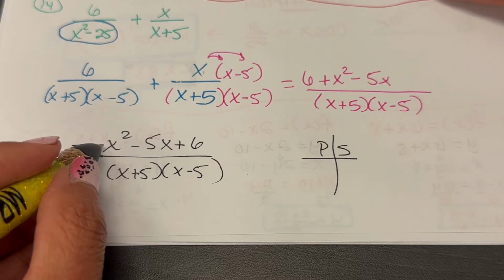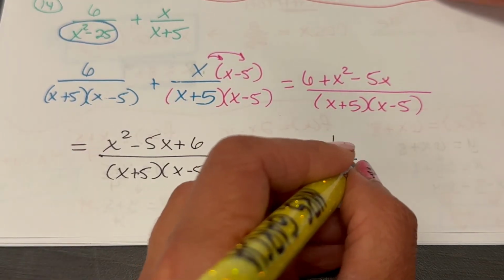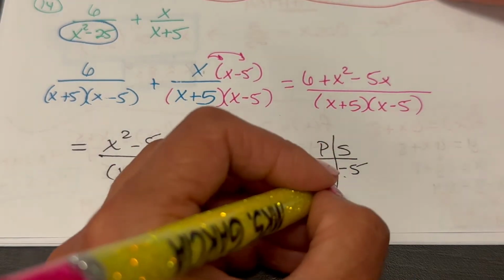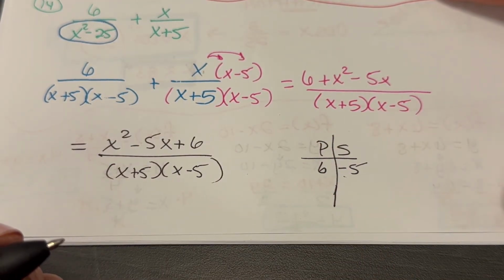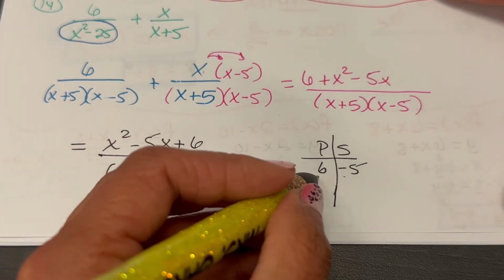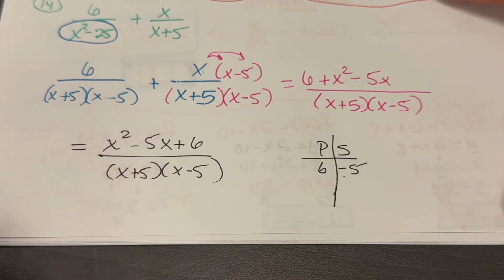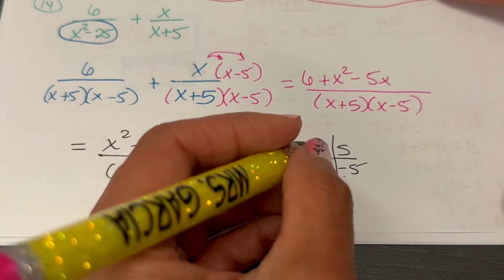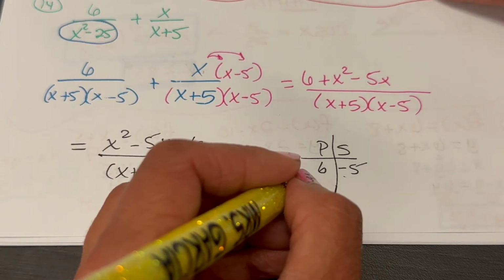So product-sum, the a times c is 1 times 6, which is 6. The sum is -5. And so I need two numbers that multiply to 6 and add up to -5. So let's see, it can't be 6 and 1 because I need to subtract to get that -5. And this is a +6, so I need two negatives, because two negatives multiplied together make a positive.